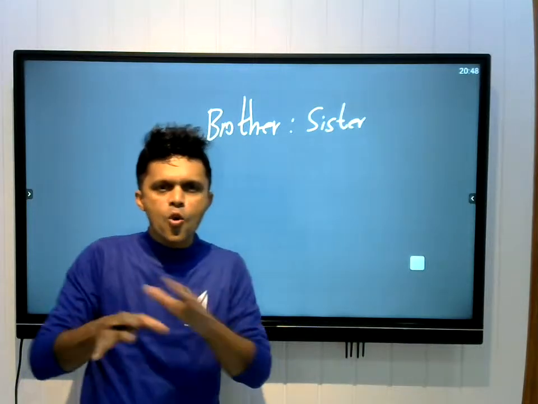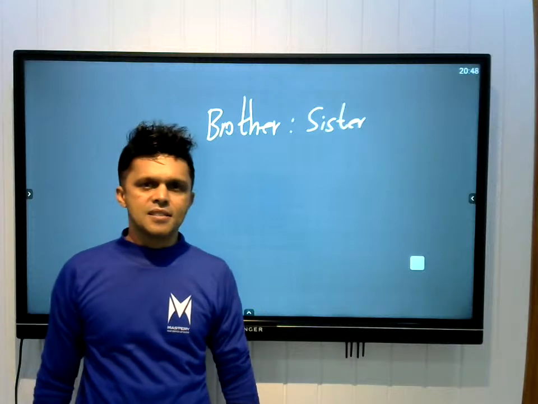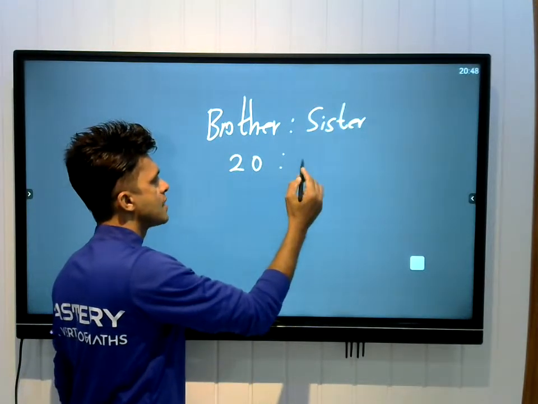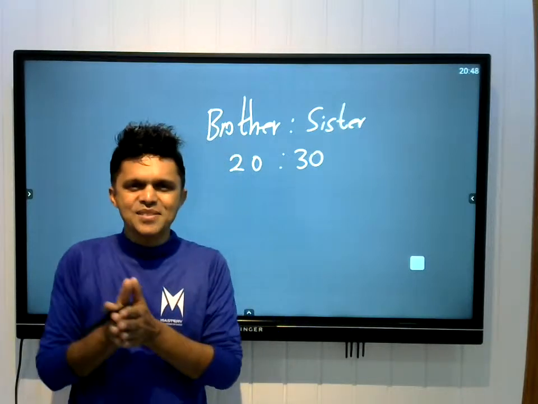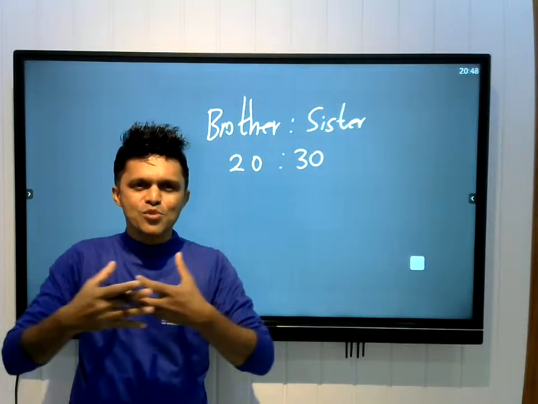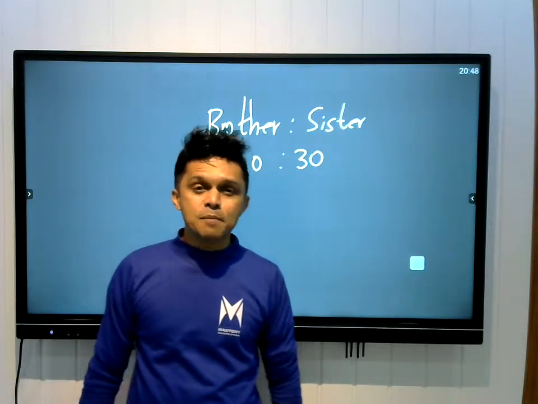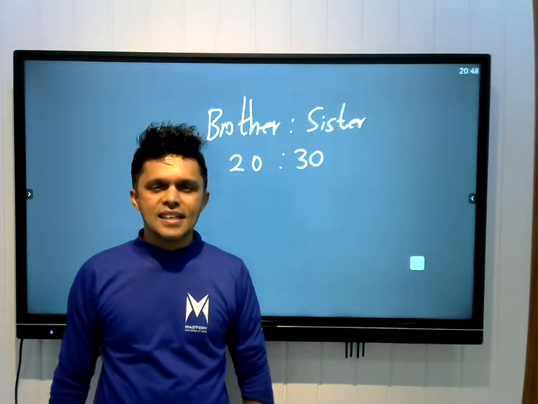Those brought mangoes are divided between brother and sister. So, brother is given 20 mangoes and the sister is given 30 mangoes. That's the question. How can you write these values in the simplest form?